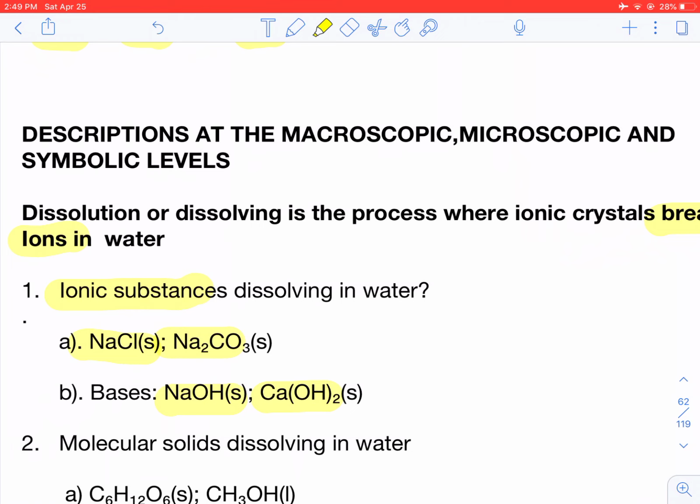But when you see an OH in the formula here, that gives us an indication that we're dealing with bases, right? It's an ionic substance, but these are bases and they have special properties which you are going to do in the subsequent lessons.